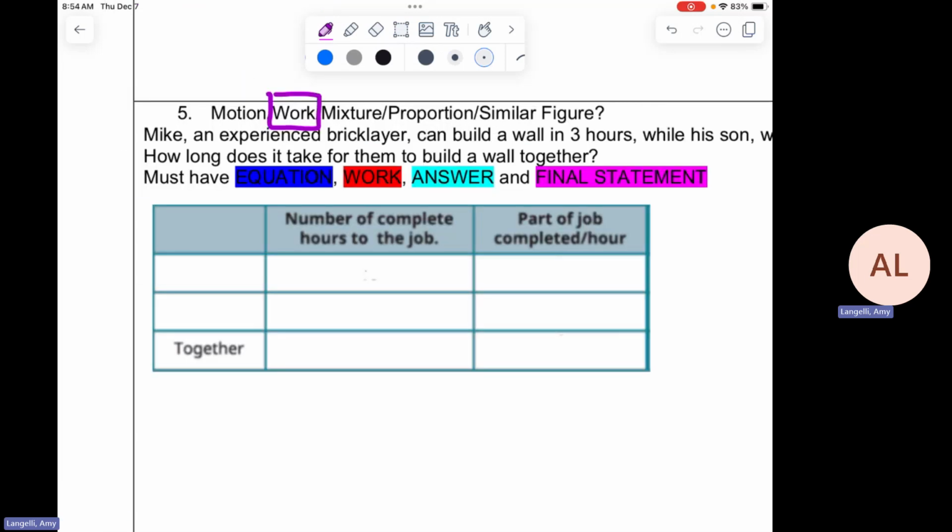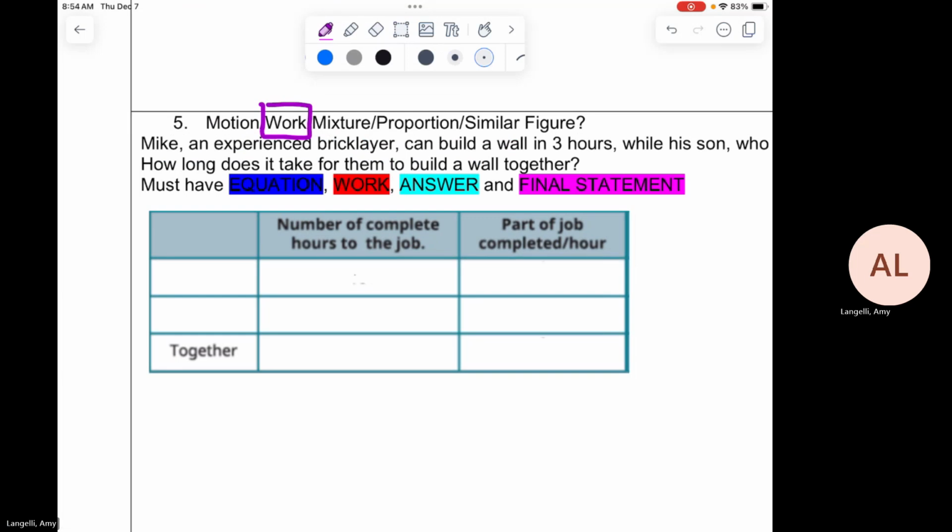Okay, what are the 2 items I have? What are my 2 labels? What do you guys think about this 3 hours? Yeah, but dear old Mike's going to give a 3.